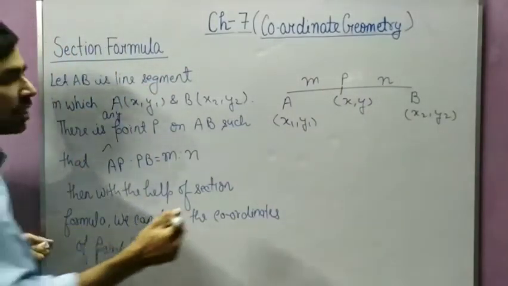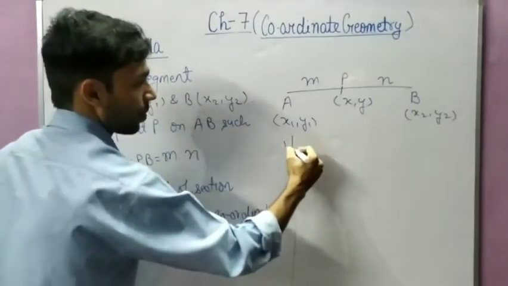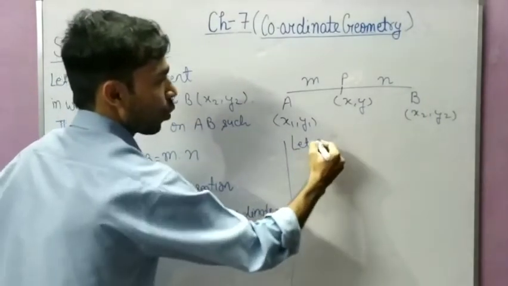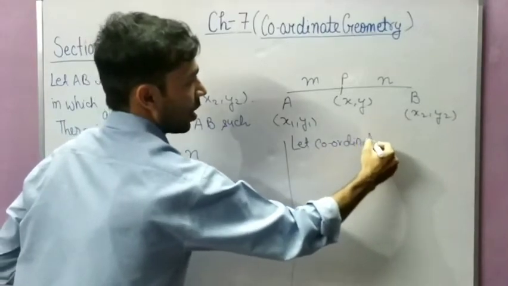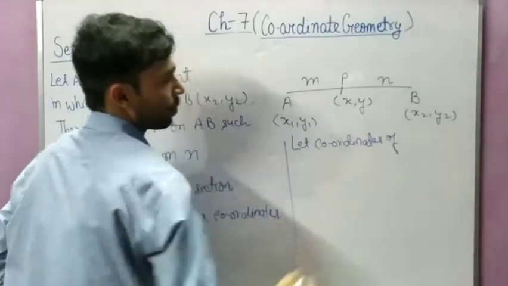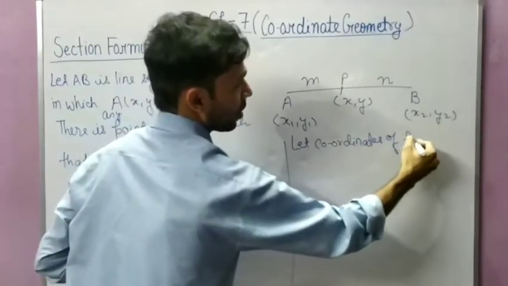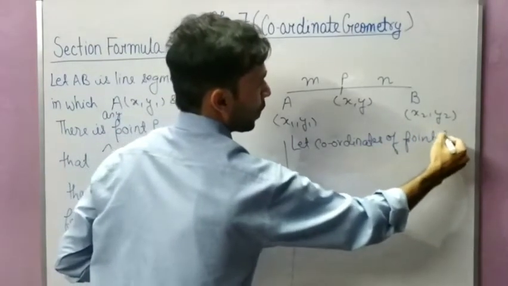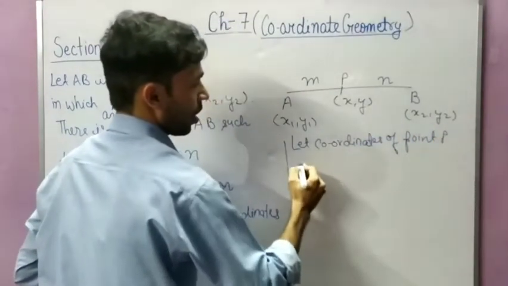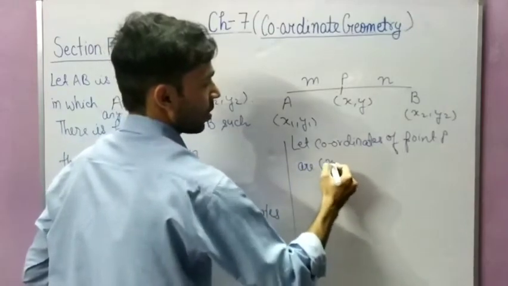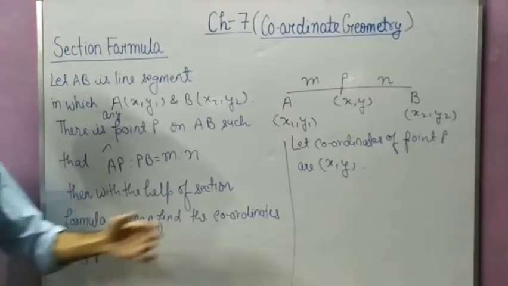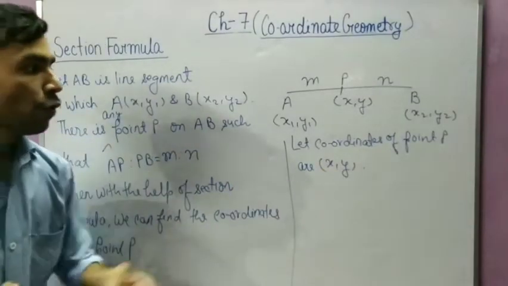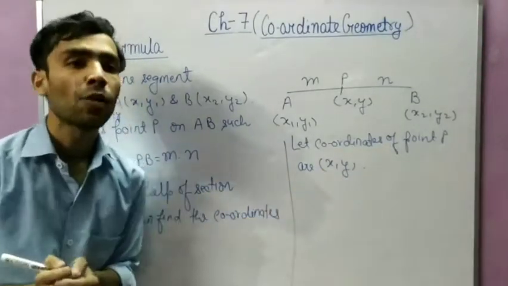So what will you write then? Let the coordinates of point P be x comma y. We have assumed that the coordinates of point P are x comma y. So how will x comma y be calculated?